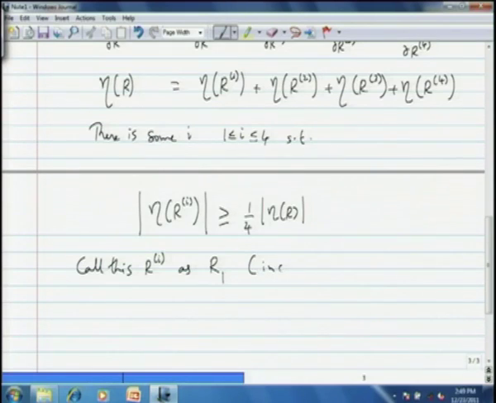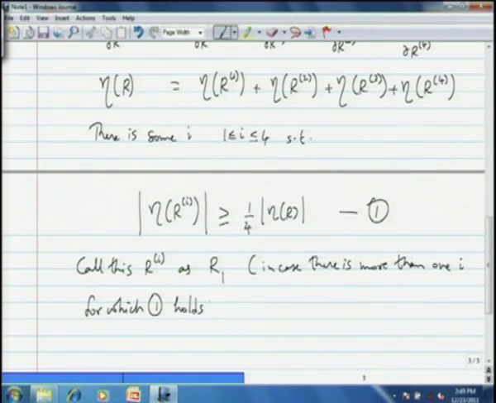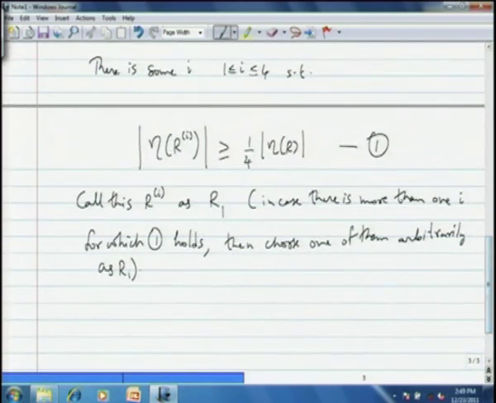So, in case there is more than one i for which inequality 1 holds, then choose one of them arbitrarily, it does not matter, as R_1.